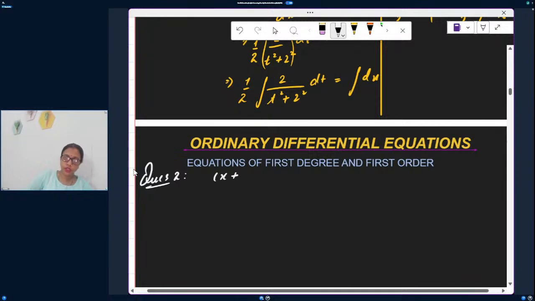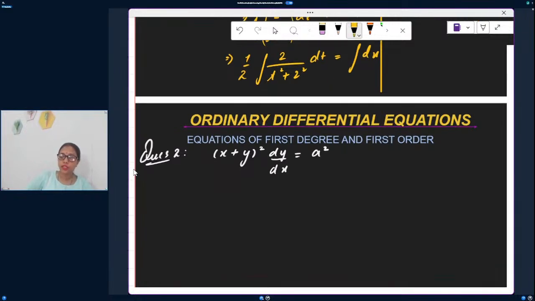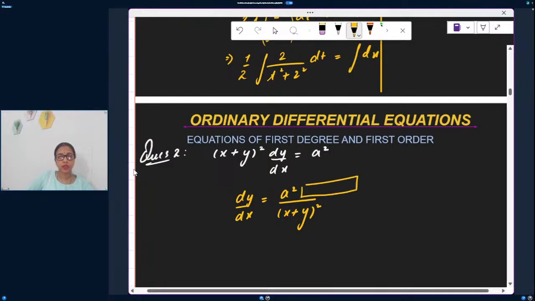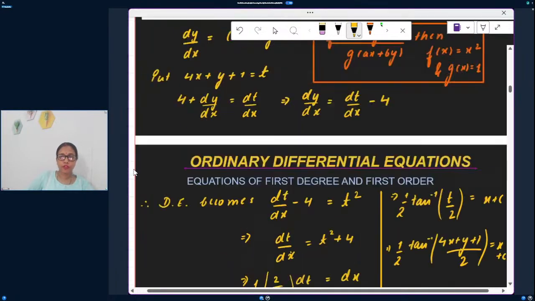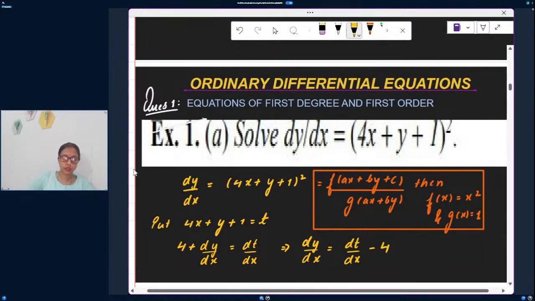This is also the same kind of question. (x plus y) whole square dy by dx is equal to a square. Now, dy by dx is equal to a square by (x plus y) square. This time function f is constant and g is x square. Usually, whatever you have inside the function, you substitute as t.